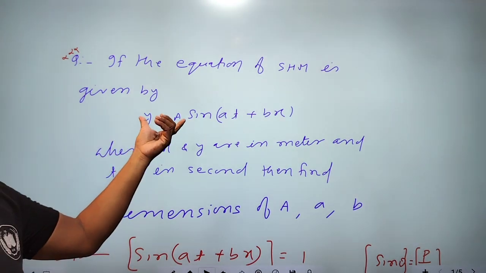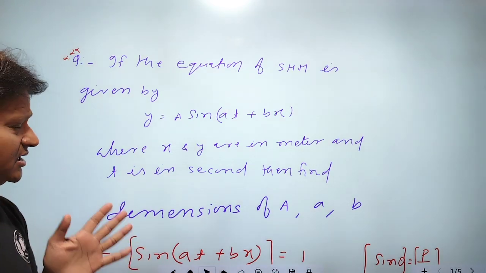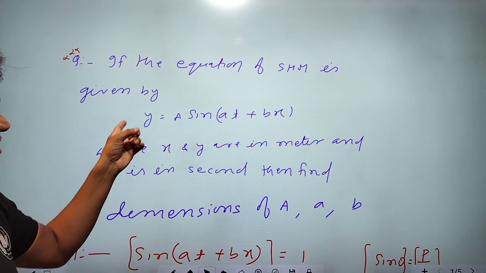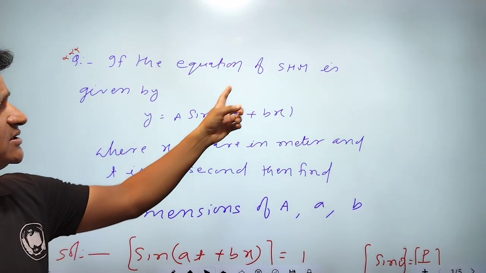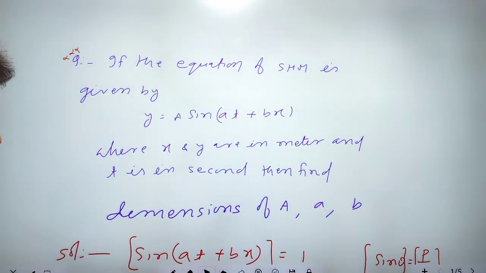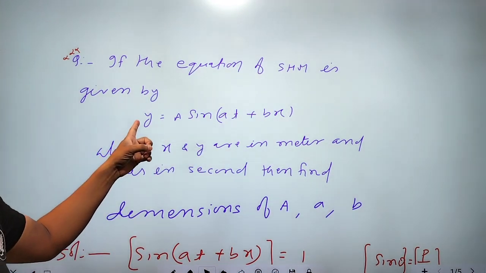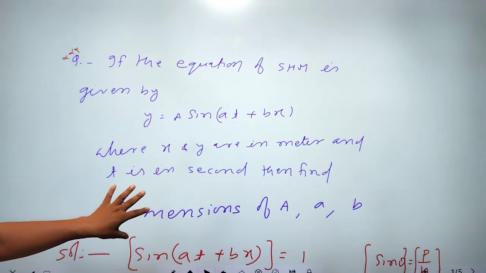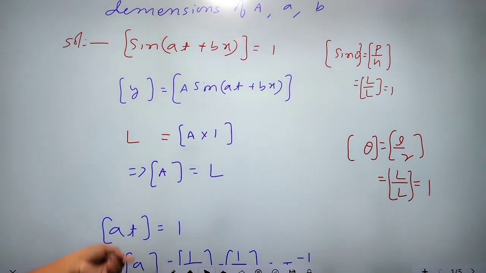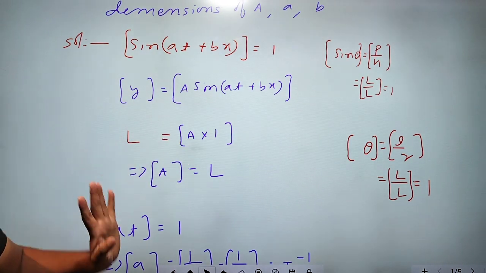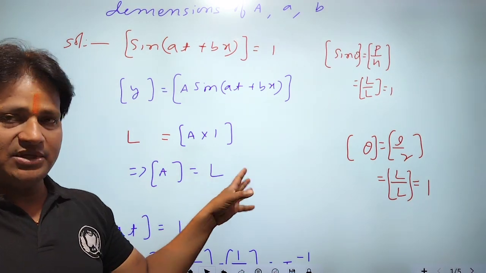Here this equation is dimensionally correct. This will be dimensionally correct if and only if dimension of left side will be equal to dimension of right side. This is dimensionless, therefore dimension of y will be equal to dimension of unknown quantity A. Dimension of y will be equal to dimension of A, therefore dimension of A will be equal to L.